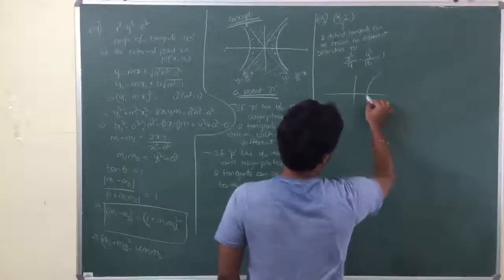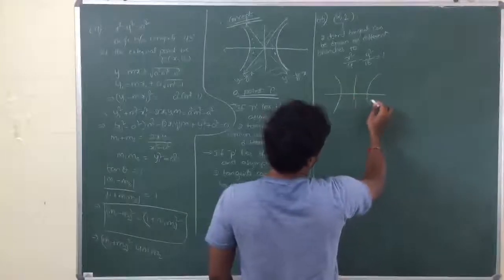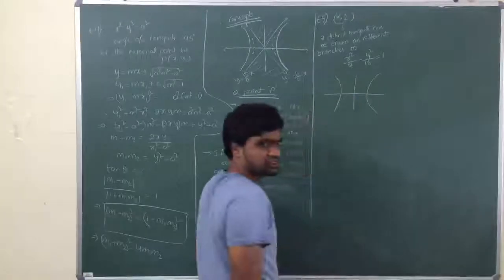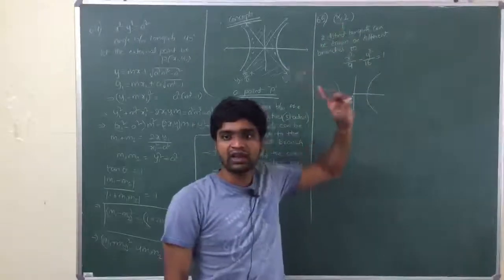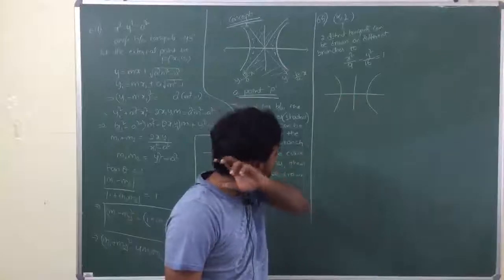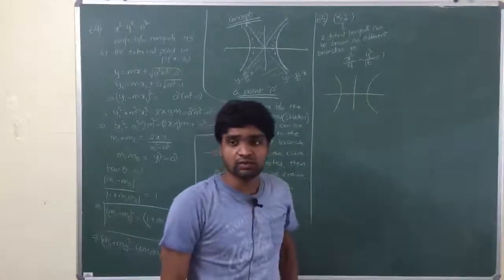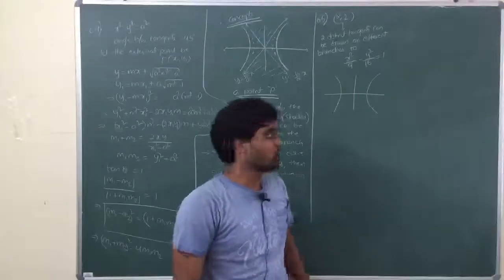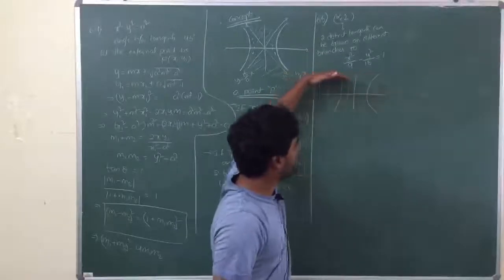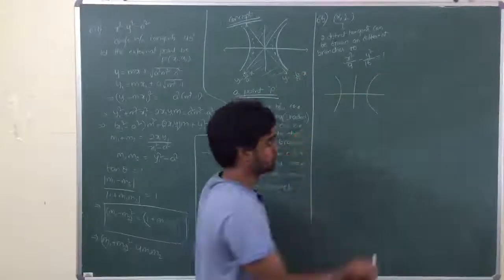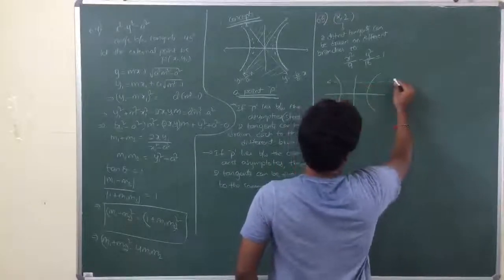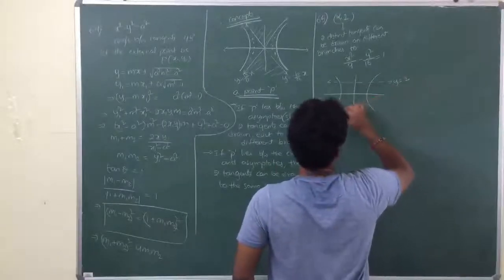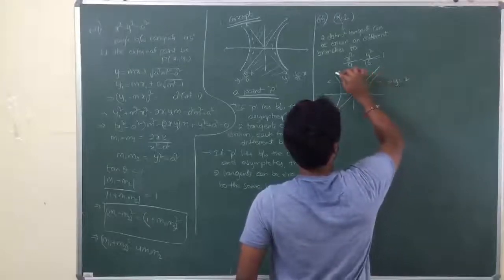First, this is the hyperbola. See the point alpha comma 2. The y coordinate is fixed, which means alpha comma 2 lies on a horizontal line. Suppose this is the line y is equal to 2. These are the asymptotes.